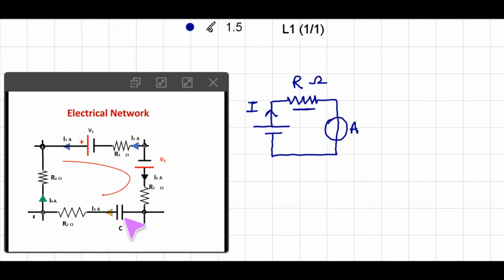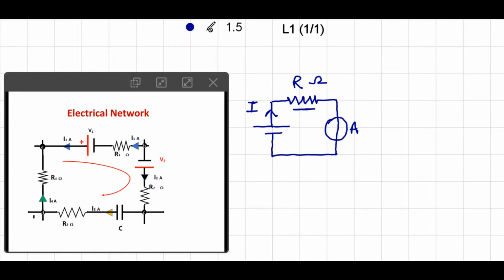Here is one capacitor. This is again another resistor between these points, and here we get one resistance. So see carefully that at this point the circuit may be extended to other branches. This kind of thing is basically an electrical network, and we are going to see how exactly it is working in this chapter.